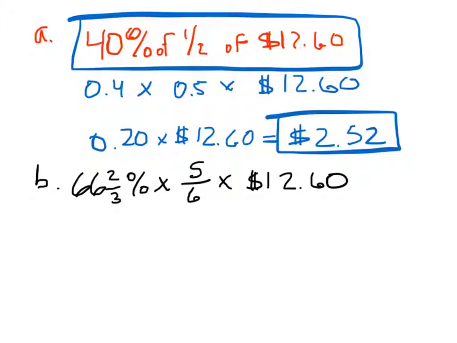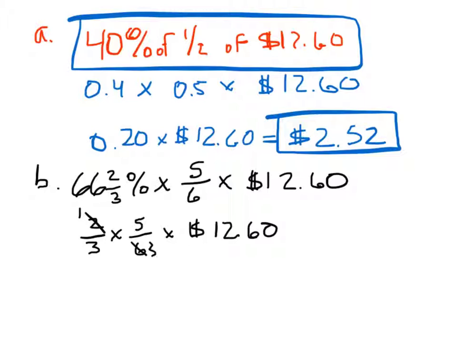Well, 66 2/3, I know that's 2/3, times 5/6 times 1260. And again, I can multiply. I can reduce this here to 1/3, so I'll have 5/9 times 1260. Okay. I could reduce that on paper.